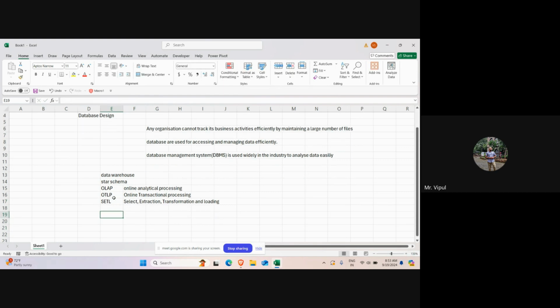And what do we mean by constraints? What is ERD? Entity relationship diagram. Right? Alright.